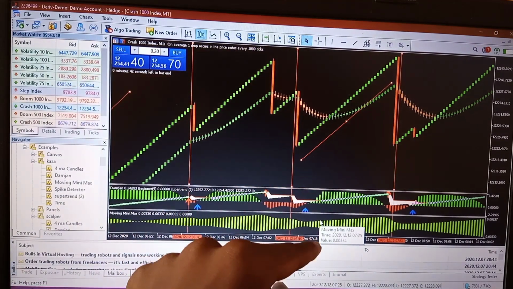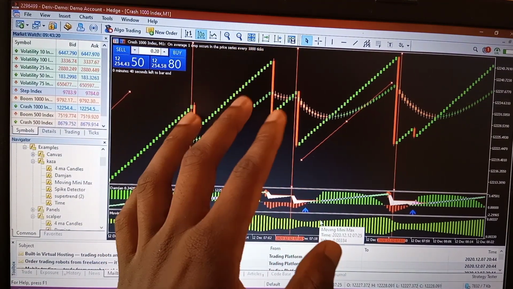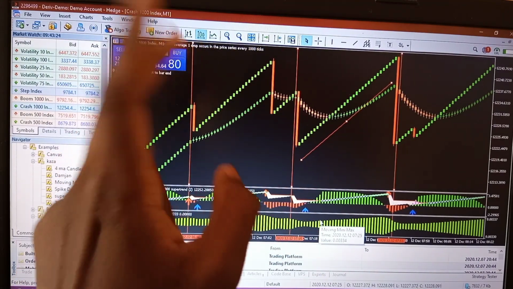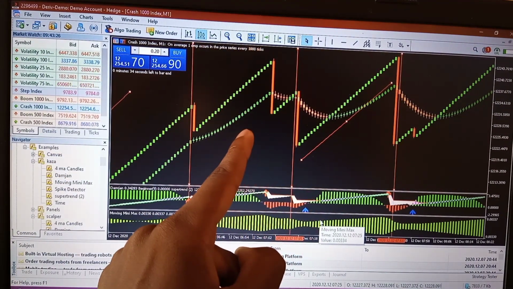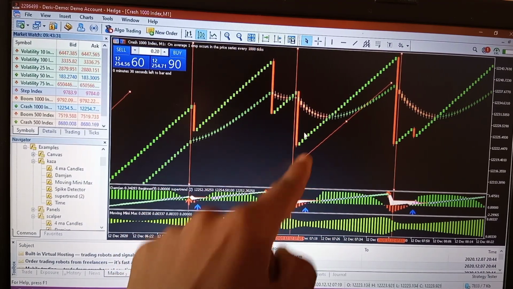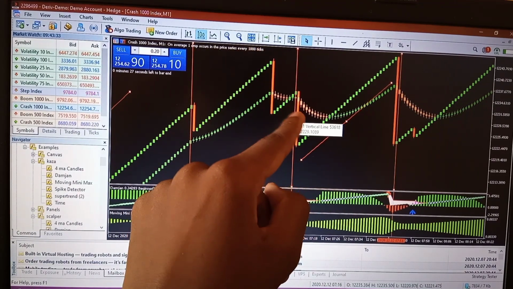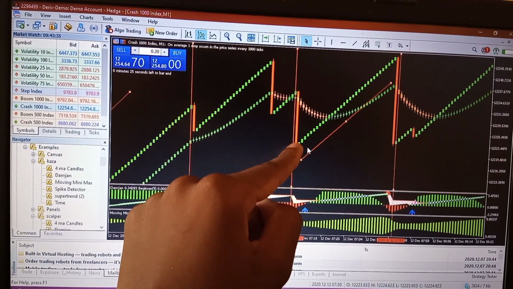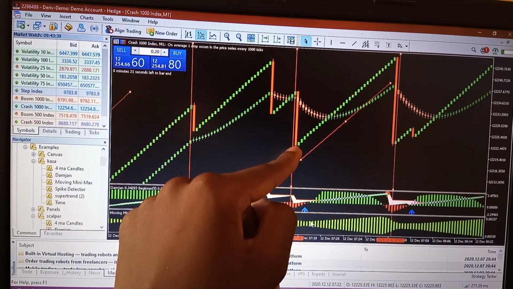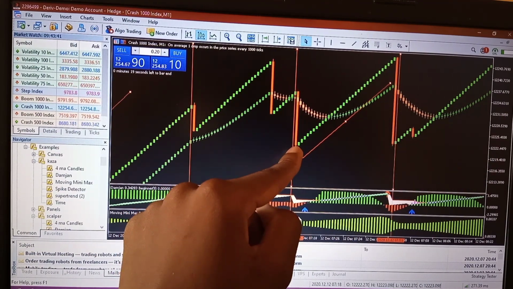The moving minimax can help you if you are buying. For example, this is Crash 1000. If you are buying after spikes, it can help you close trades fast. For example, after this spike here, if I want to place a buy order here, it will tell me when I should sell.